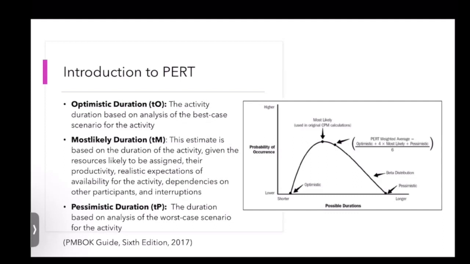But remember, it is not an average of the optimistic and pessimistic duration. If we refer to the figure, the scheduler should understand that the occurrence of possible pessimistic durations is not very likely.